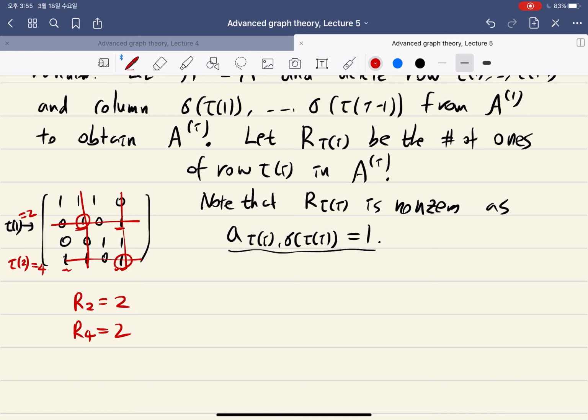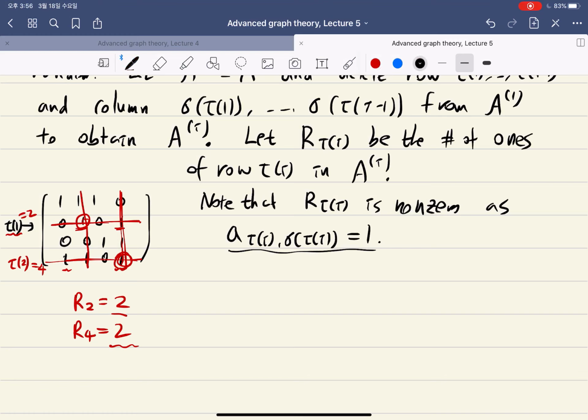So this is all again a random variable. You randomly choose one row, and then you count the ones, and you write it down, and then you delete it, and you also delete one of the columns which contains a 1 in this row. And then you again choose one row, and you write down the number of ones in that row. And then there you choose one column and then delete. You repeat this.